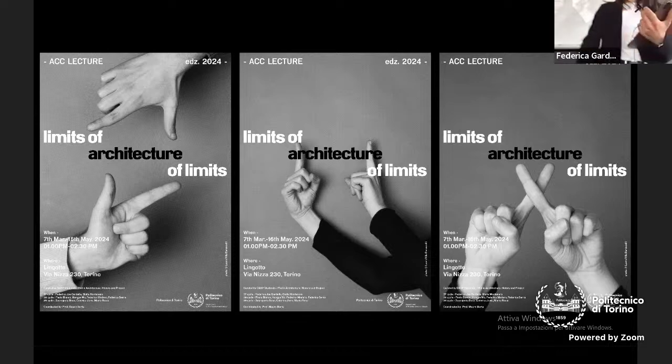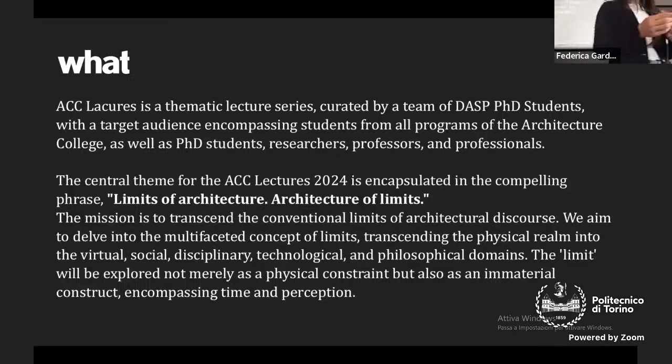Our mission for this cycle is to transcend the conventional limits of architectural practice and architectural discourse. We aim to delve into the concept of limit, transcending the physical into the virtual, social, disciplinary, technological, and philosophical aspects of architecture.